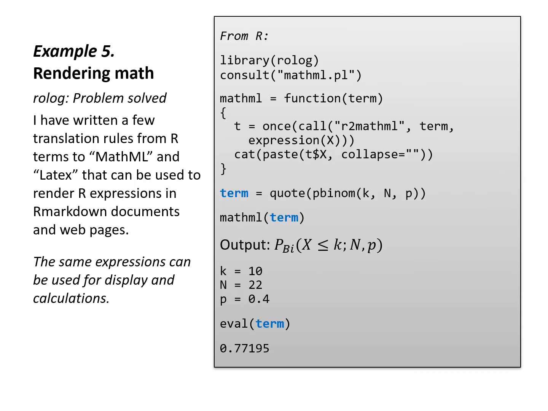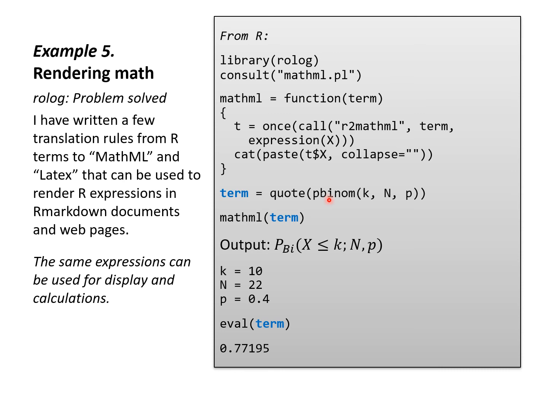The problem is now solved using rolog. You can translate the R expressions easily into MathML or LaTeX so that they look pretty in your report or on your website. On the right, you can see a quoted term in R, which is the binomial distribution.